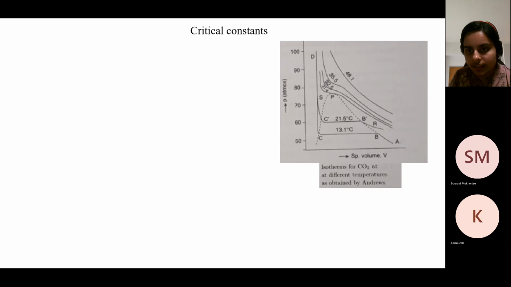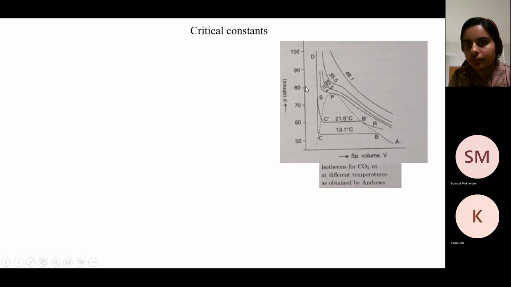Now one thing that we should know is the origin of the critical constants. This is the experimental graph, the isotherms for carbon dioxide, that was obtained by Andrews in his experiment.